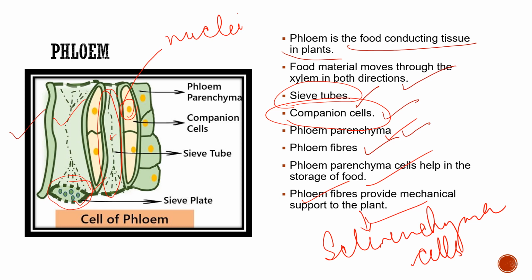The main function of the phloem is transporting the food manufactured by the leaves and by the young green stems to different parts of the plant body.